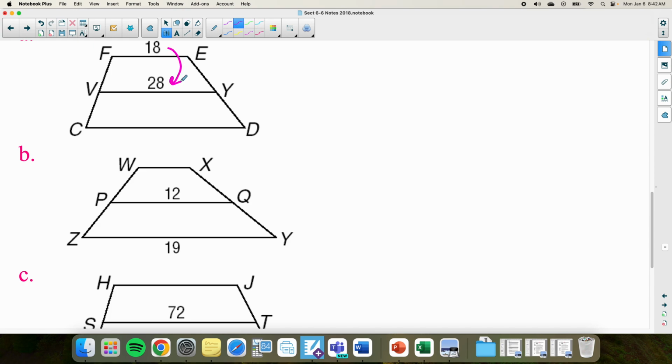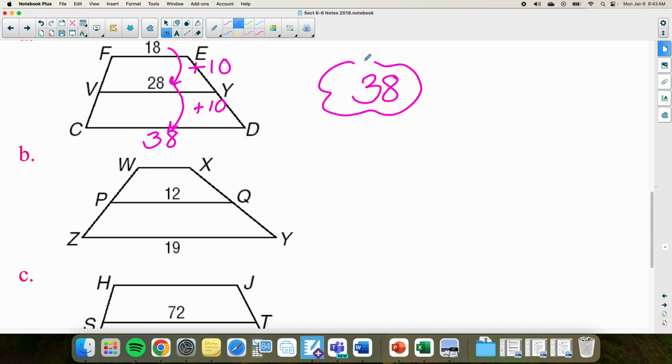You can do an algebra equation too, but I start at the base I'm given, and I ask myself, what do you add to 18 or subtract from 18 to get 28? And don't we add 10? So whatever you do here, you add to the 28, and 28 plus 10 is 38. And that would be your answer.